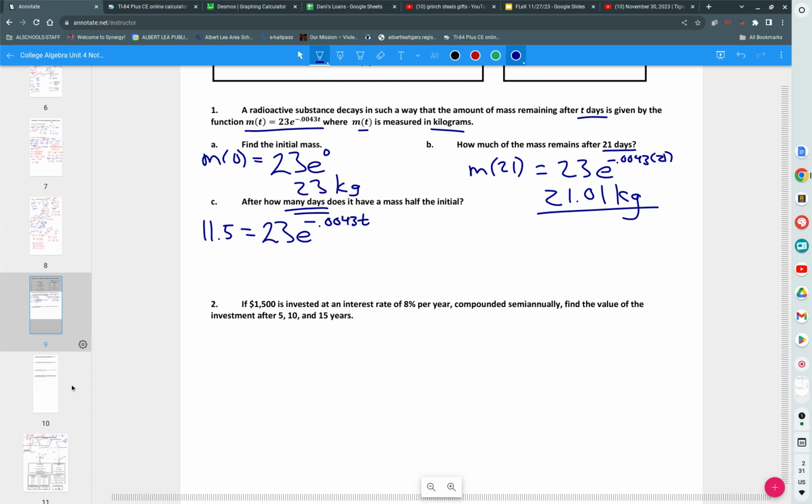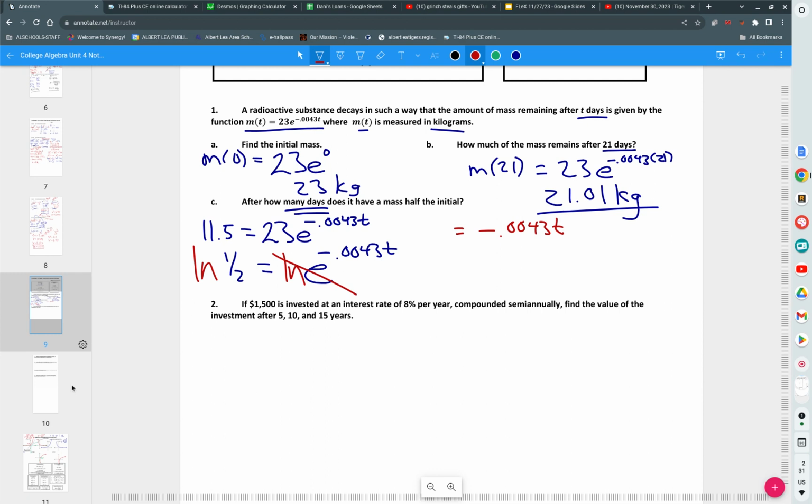Divide by 23, and I get 1/2 is equal to e to the negative 0.0043 t. Now I take the natural logarithm of both sides. And I get negative 0.0043 t is equal to, and on the other side, I have the natural log of 1/2.